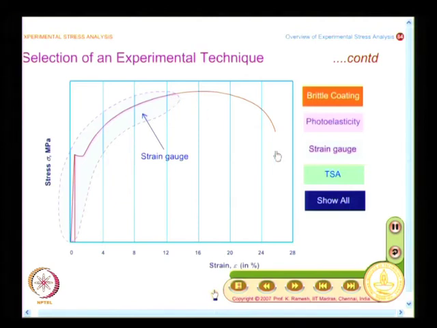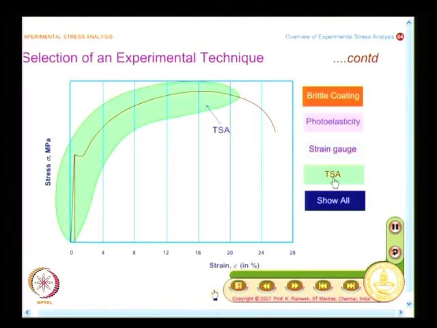And thermoelastic stress analysis is proposed as a whole field strain gauge technique, that is how they are propagating the technique now. And you can go from elastic to plastic region, and this is more of a whole field representation, but the instrumentation is very expensive, understand that.